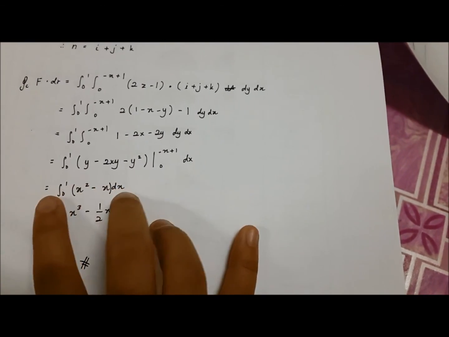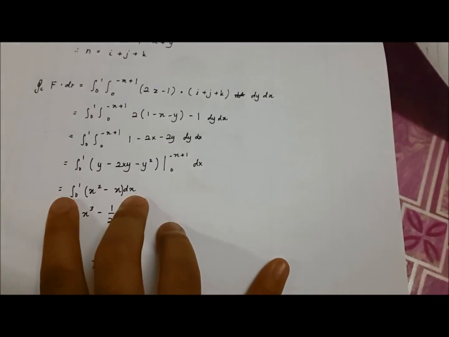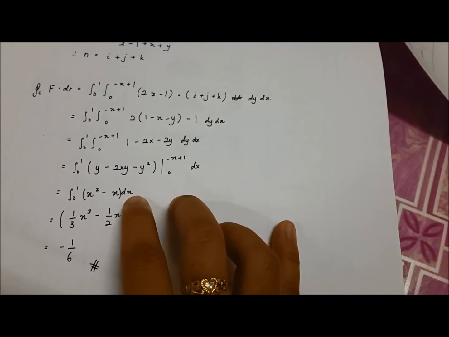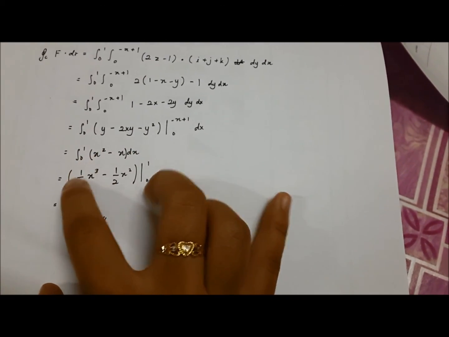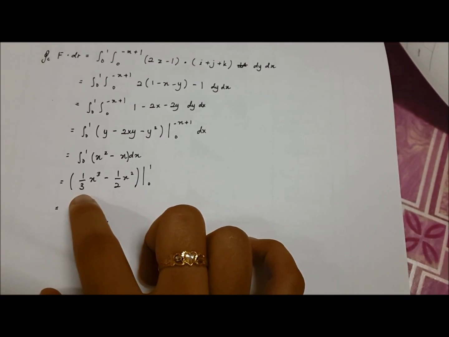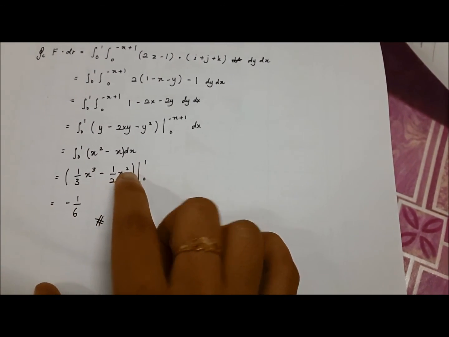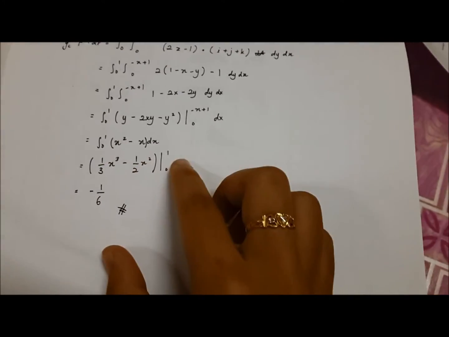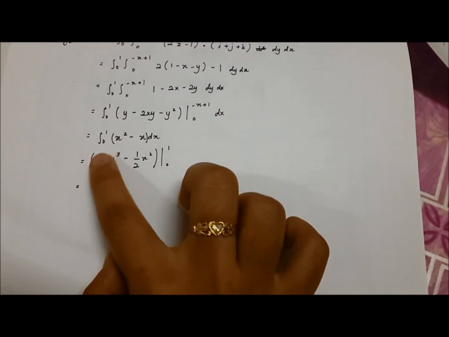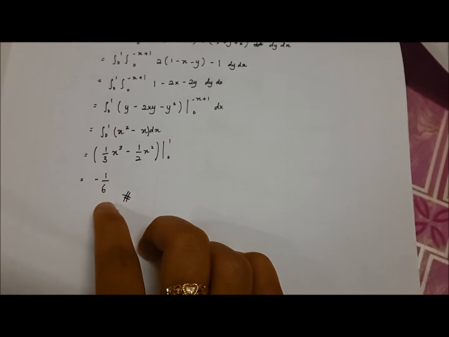After we obtain this, we do the second integration with dx. So we obtain 1 over 3 x cubed minus 1 over 2 x squared. So we substitute the limits, and we obtain the answer, which is minus 1 over 6.